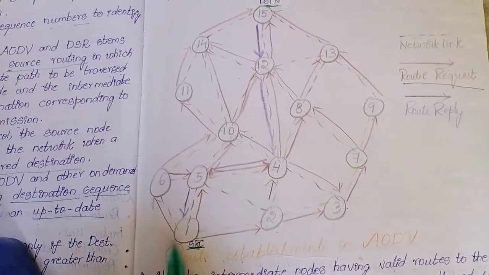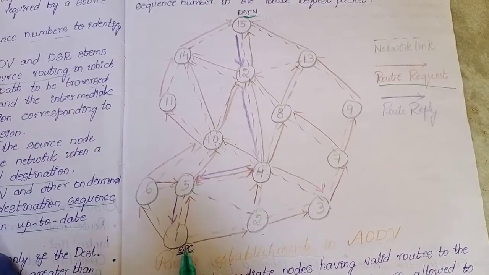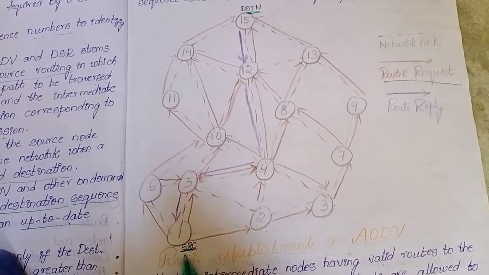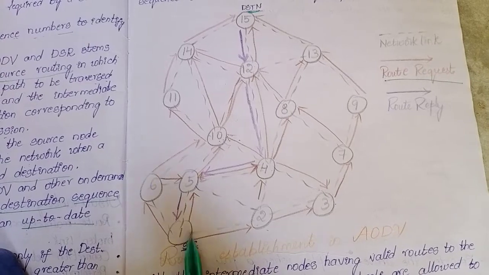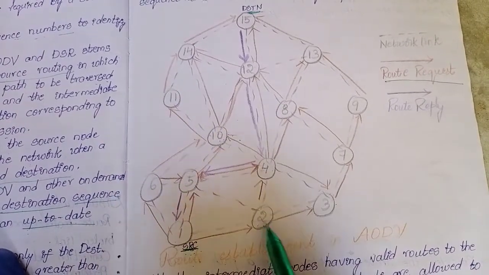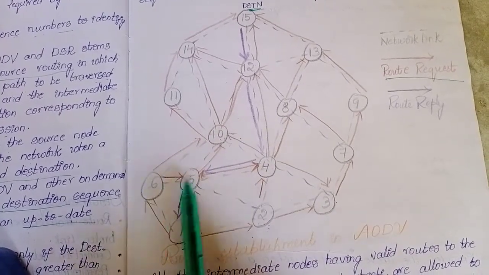In order to initiate the pathfinding process, the source node has to originate the route request packet. This source node will send the route request packet to its neighboring nodes. That is flooding. The route request packet will be sent to nodes 2, 5, 6.